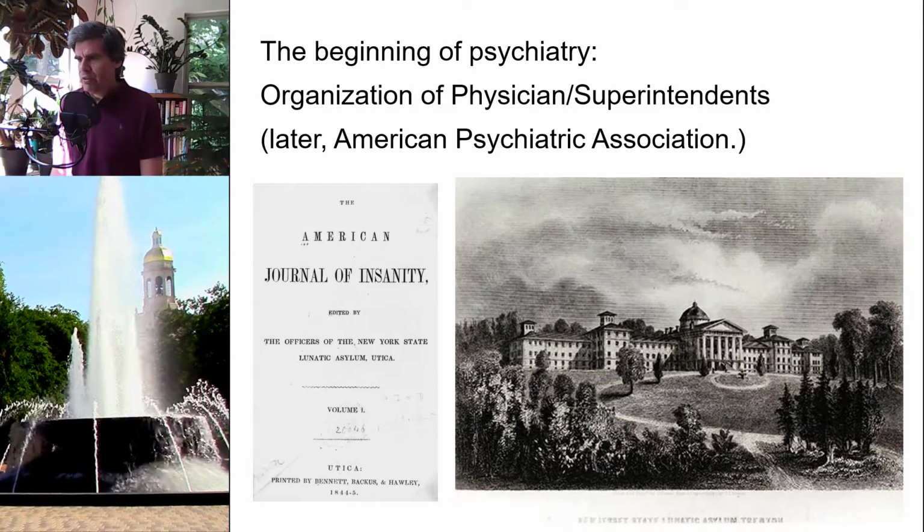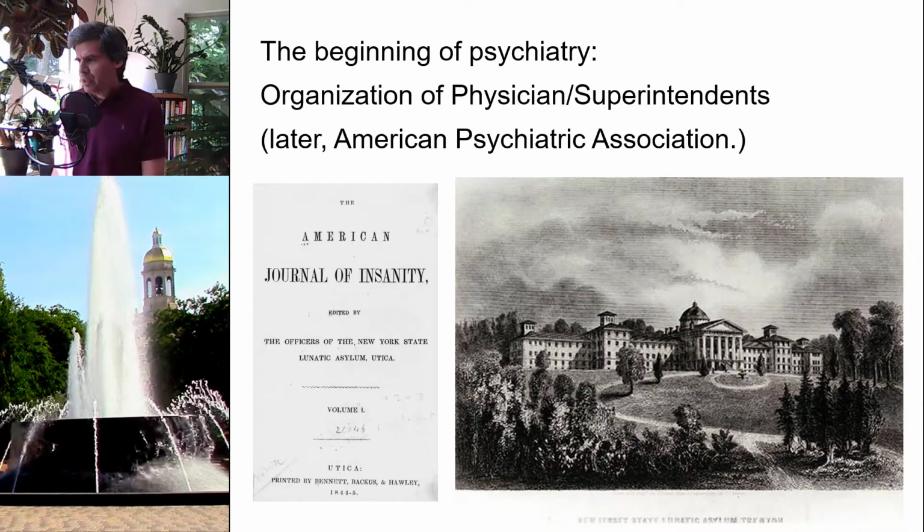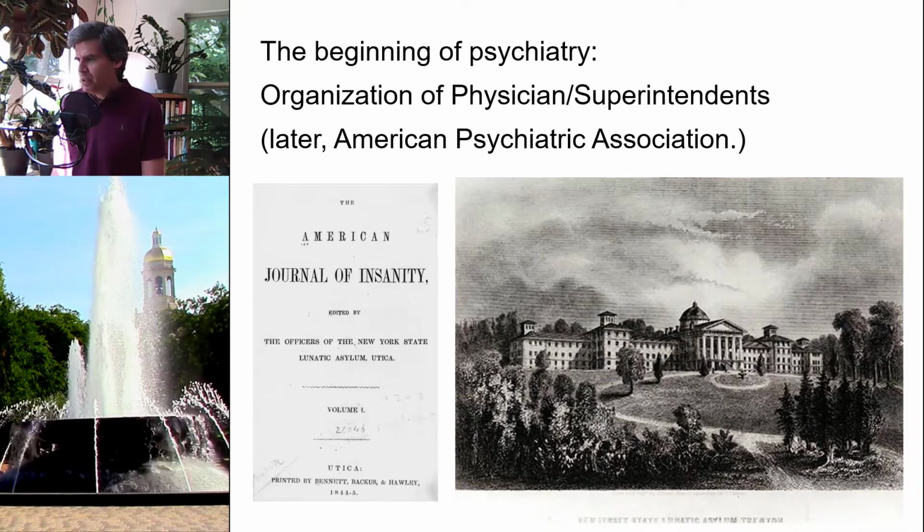And also, when they founded their new organization, they also started a new journal, which at that point in history they called the Journal of Insanity. So the Journal of Insanity was founded. And this picture here shows you the front plate for the first volume of the Journal of Insanity. Also, the picture of the asylum there, as you can see, the asylums are probably getting larger in size than they were several decades earlier.